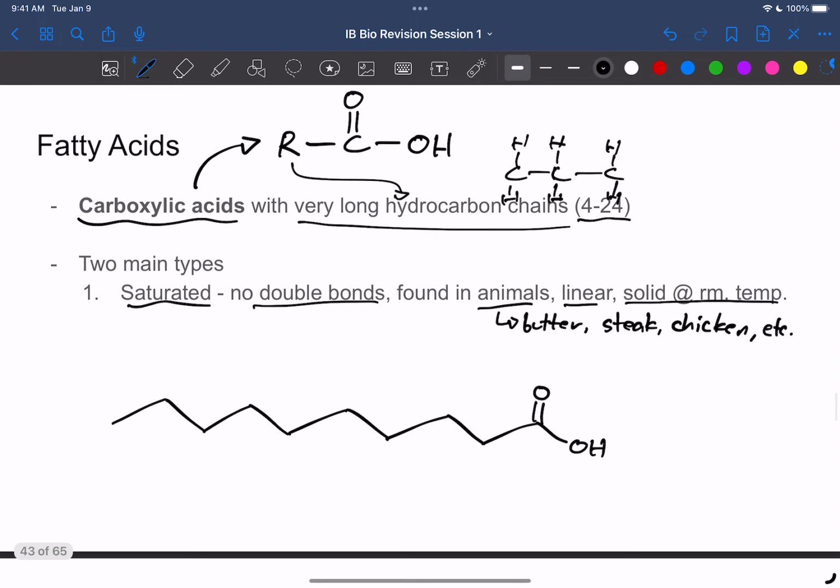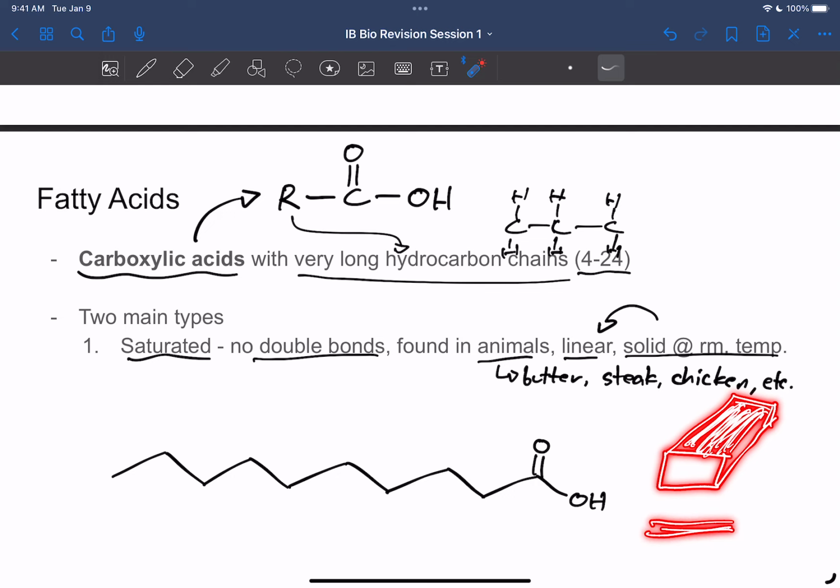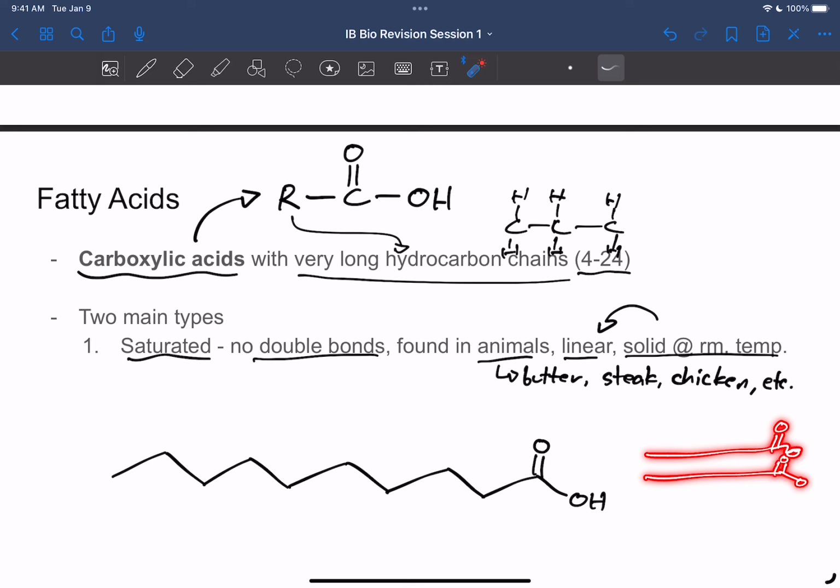Why is it solid at room temp? The reason is because it's linear. Here's an analogy. Think of a box of spaghetti noodles. Spaghetti noodles are super straight, so they pack really well together. The same can be said with this. This is basically a fatty acid. And when we have a lot of these, they also pack together because they're linear. That means they have lots of interactions between them, intermolecular forces. These would be London dispersion forces, or van der Waals.